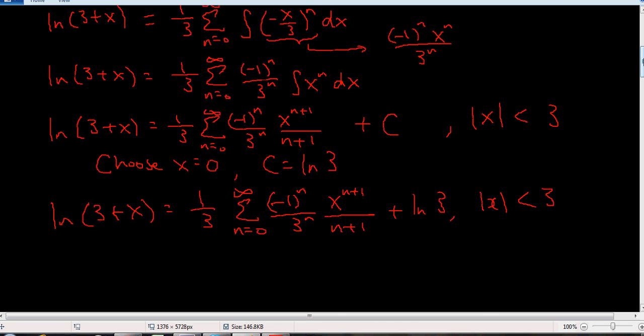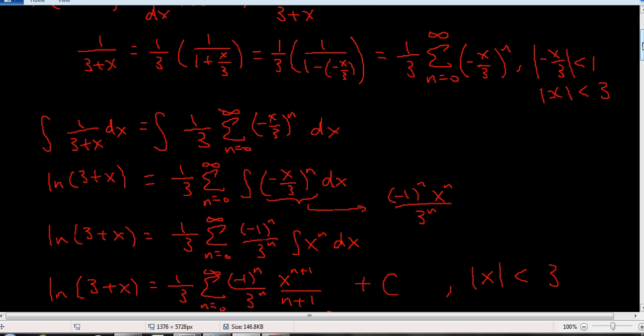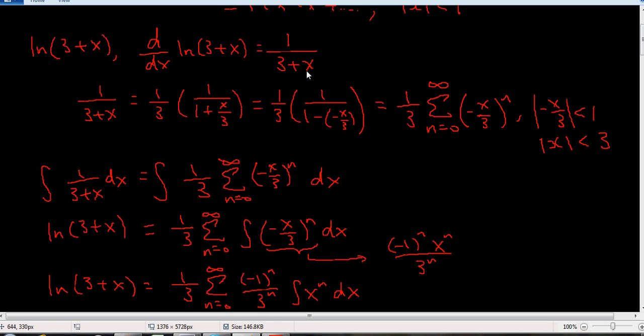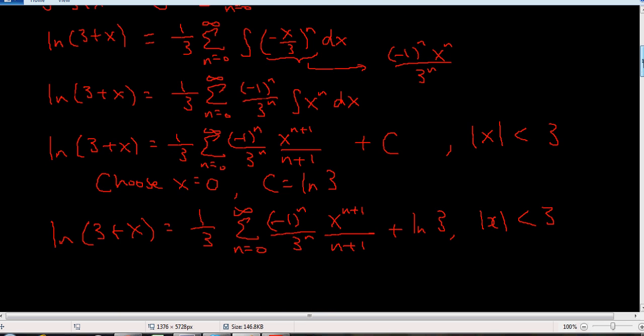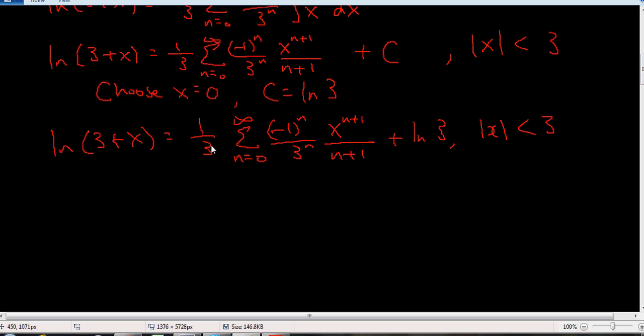Beforehand, we took the derivative to get to 1 over 3 plus x. So we had to integrate the power series to get back to the original function. So that's the whole idea. Of course, here, I could have thrown the 3 back in and made it 3 to the n plus 1, but both are perfectly valid.